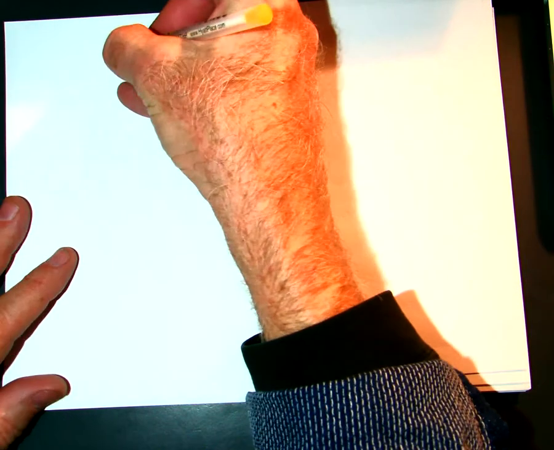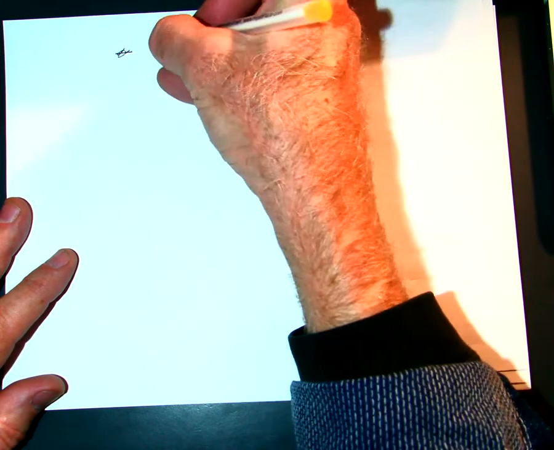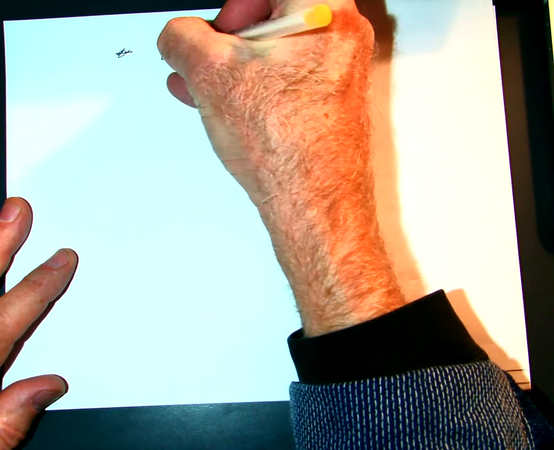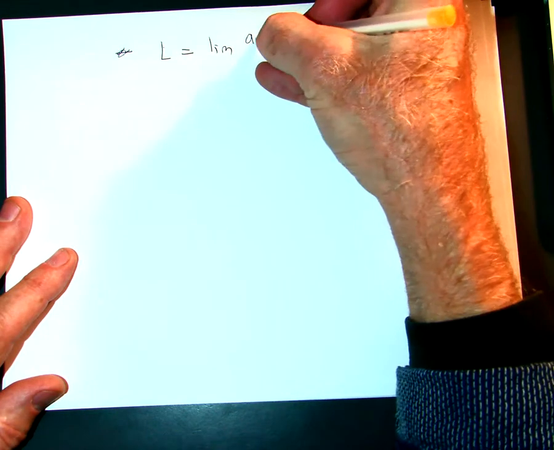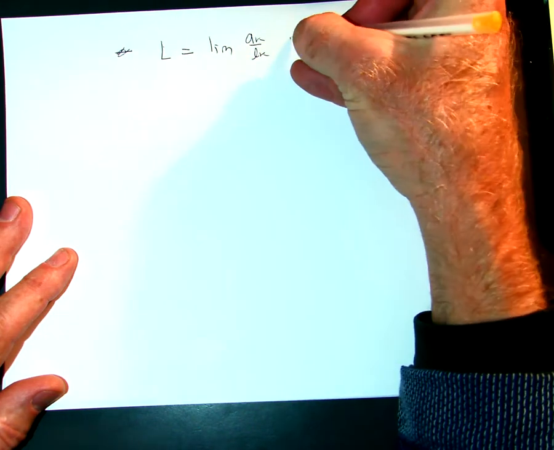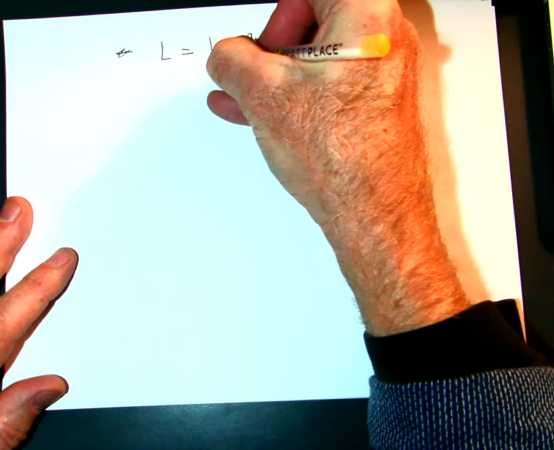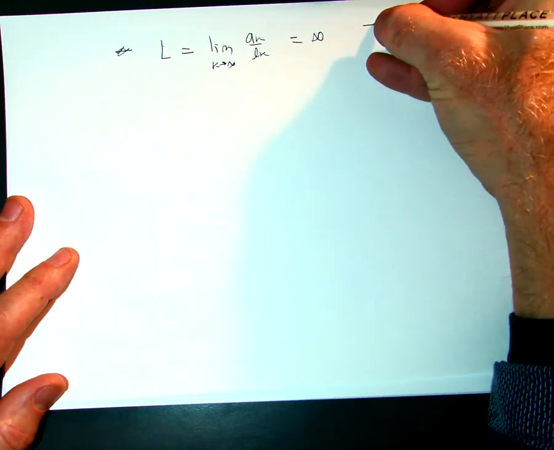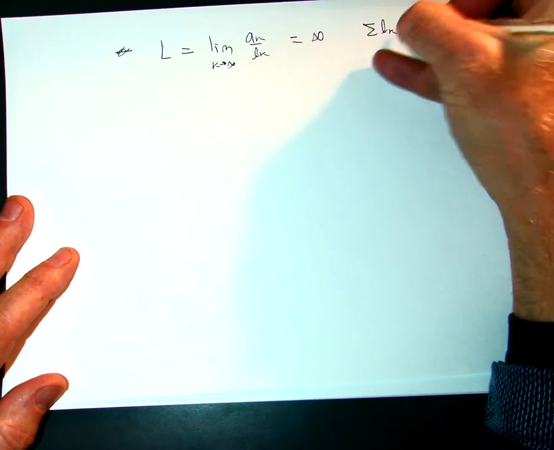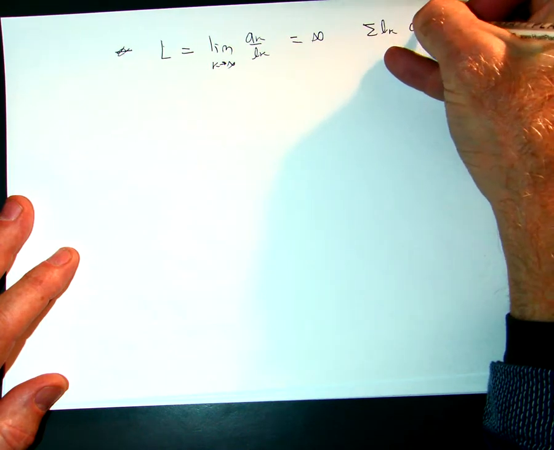So let's go over the same thing if we get infinity. We have another case where, let's say, the limit of a_k over b_k as k goes to infinity is equal to infinity, and let's say that b_k converges.